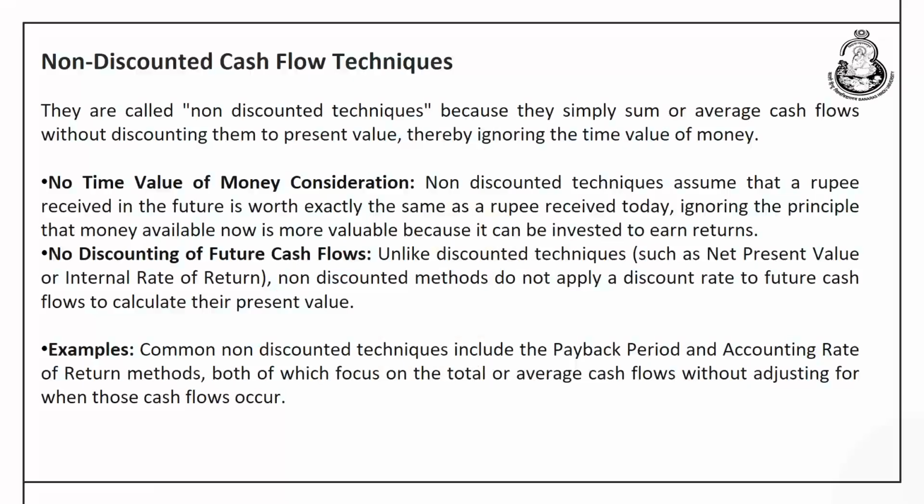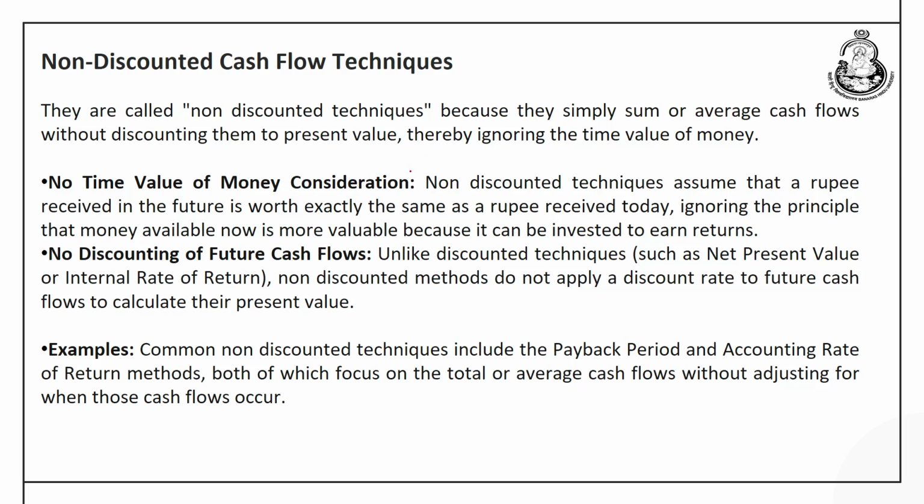As the name suggests, these techniques will not consider the time value of money principle when analyzing and comparing the cost and benefit of the projects. There are three main considerations why it is called the non discounted cash flow technique.